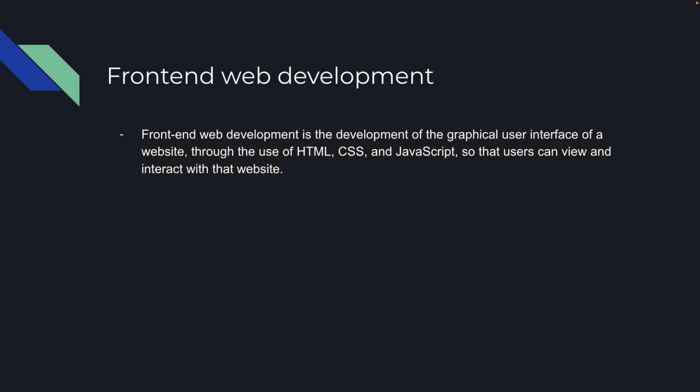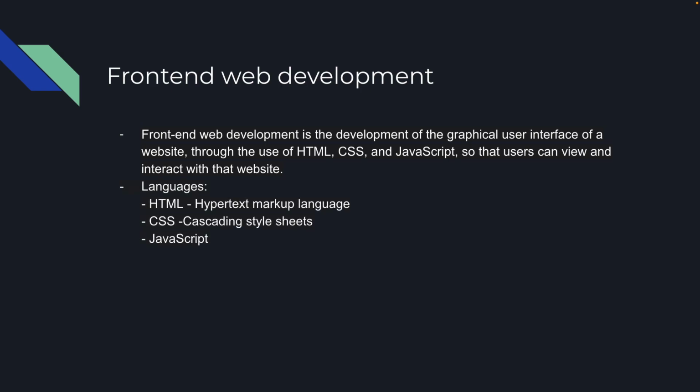Remember, in the previous slide, I talked about users being able to view and interact with that website. That is the front end, where you present the website for the user to view and interact with. We have different languages used for front-end development. These are just the languages that are used.